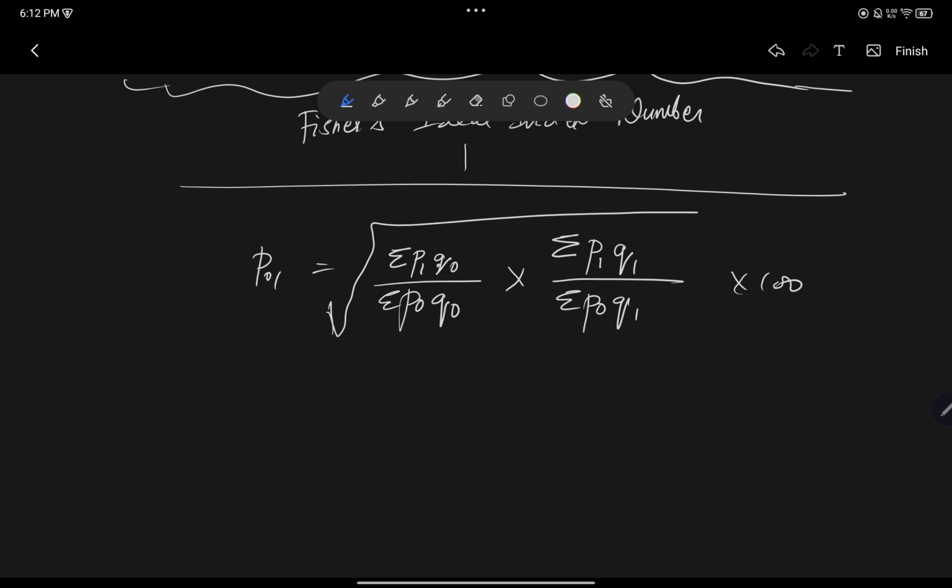Or else you can write it like P01 Fisher's. That's why FP01 is equal to square root of Laspeyres P01 into Paasche's P01.